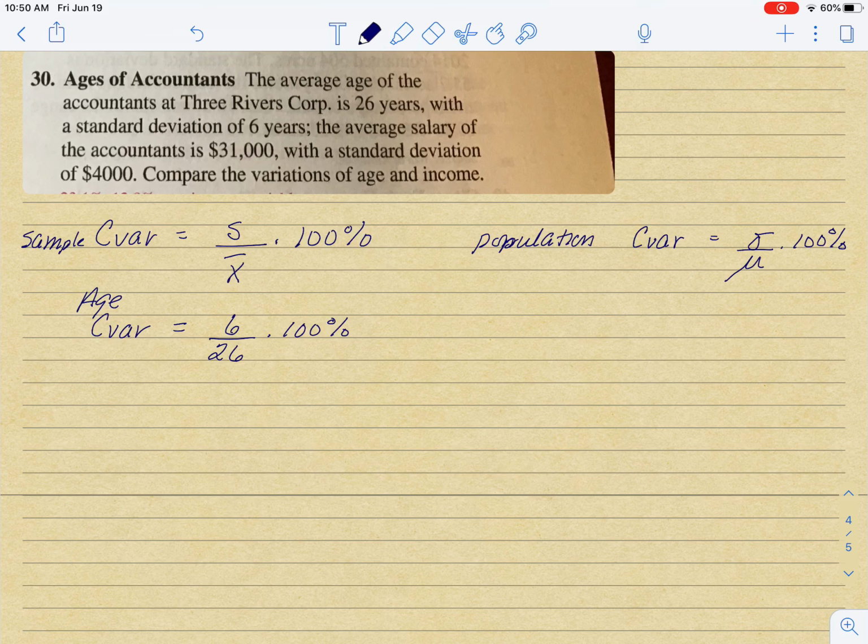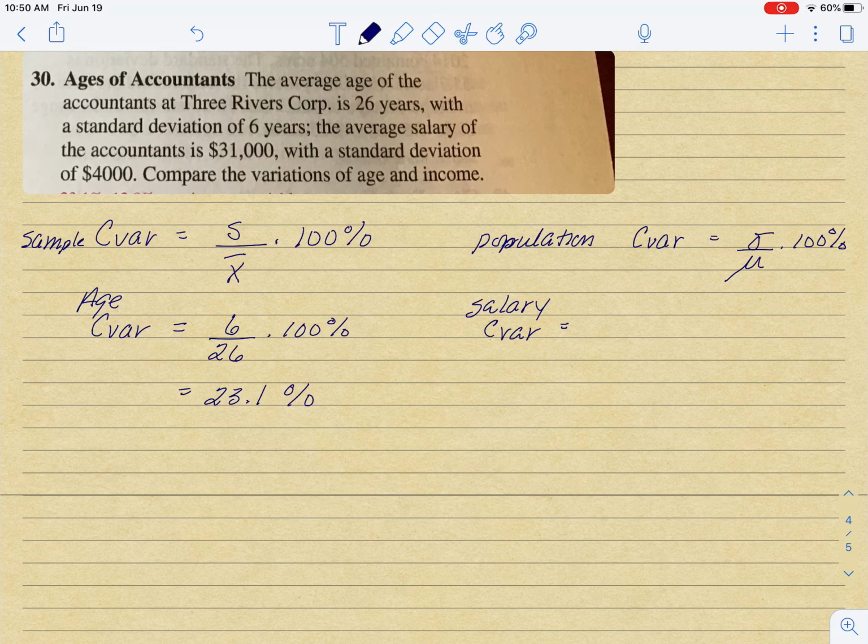So 6 divided by 26 times 100, we get 23.1% to one decimal place. Okay. And now we're going to do the same thing for salary. We're going to find the CVAR for salary.